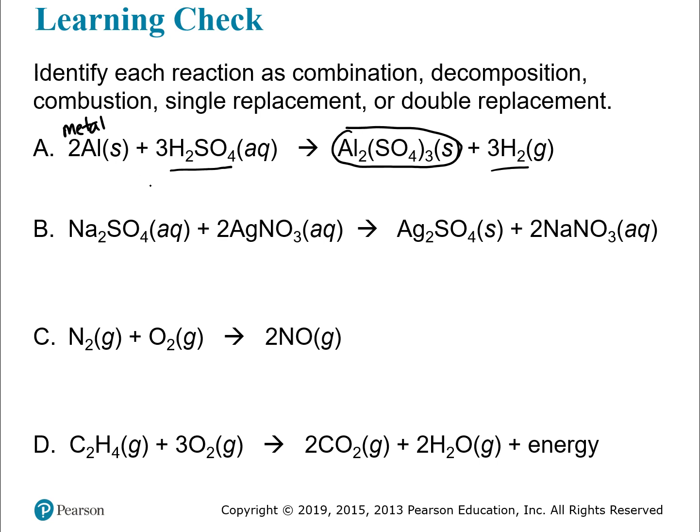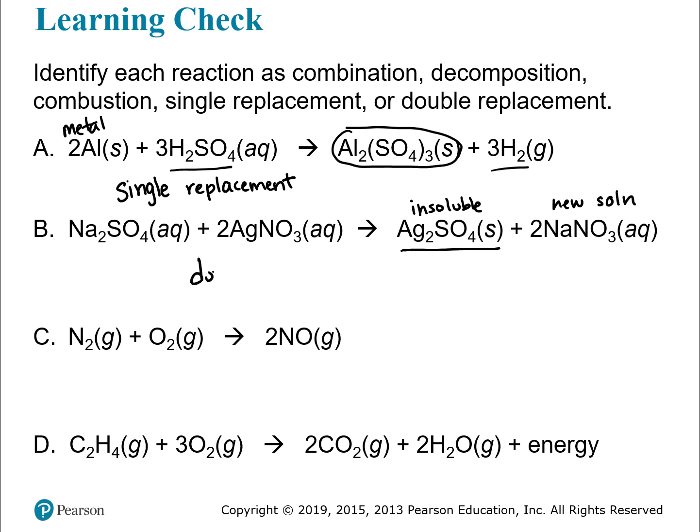This is going to be a single replacement because we're only doing one thing, right? We don't have multiple aqueous solutions. Single replacements are usually with a metal and something aqueous. B, we've got 2 aqueous solutions, and we form something that's insoluble and a new aqueous solution.